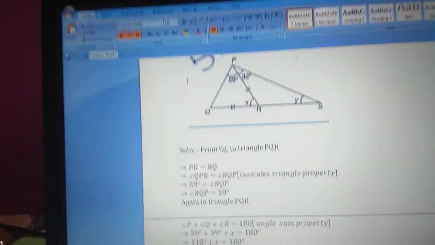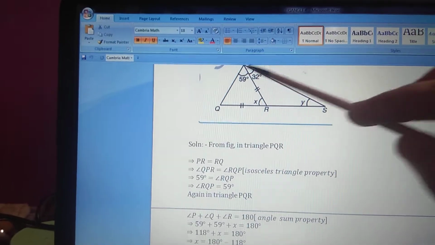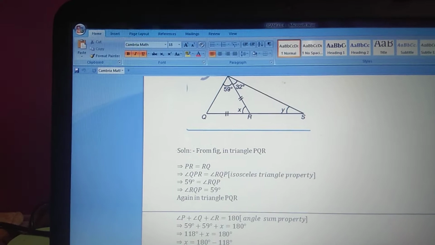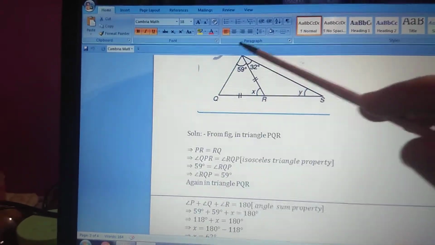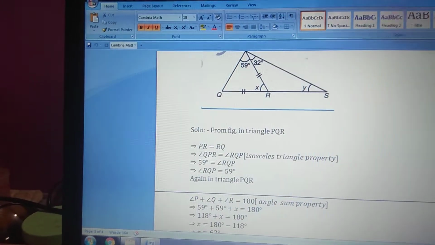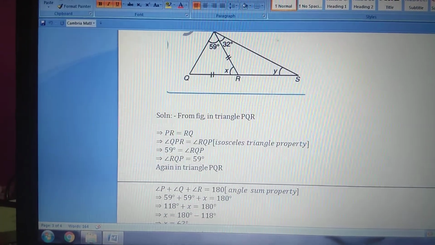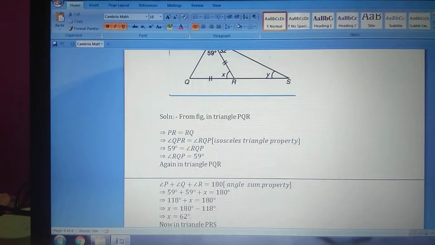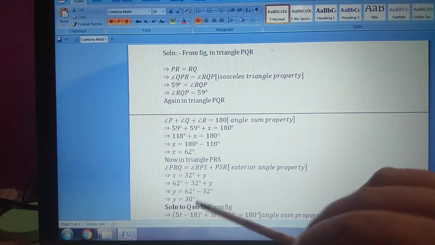Now, we can find X by using angle sum property over the triangle PQR. 59, 59, X. We have got X as 62. Clear? Now, look at the other triangle PRS. There, 32 and Y are interior opposite angles and X is exterior to them. So by using the exterior angle property, we have got the value of Y.